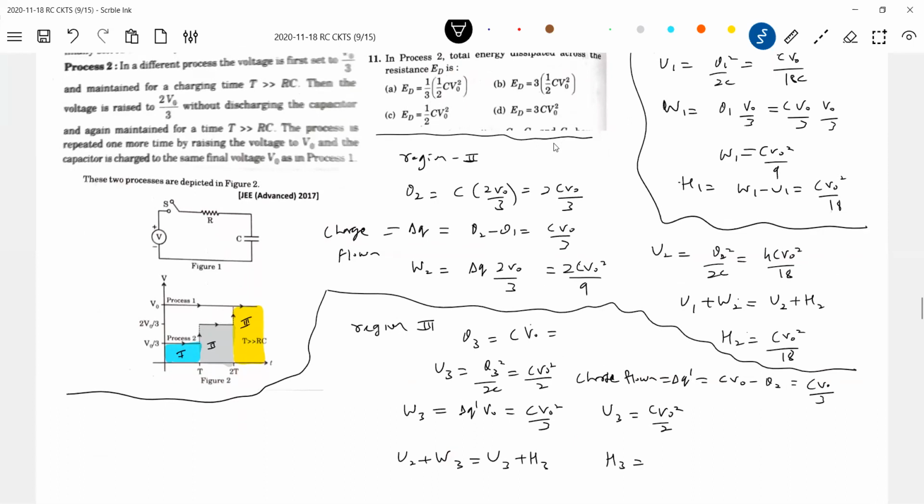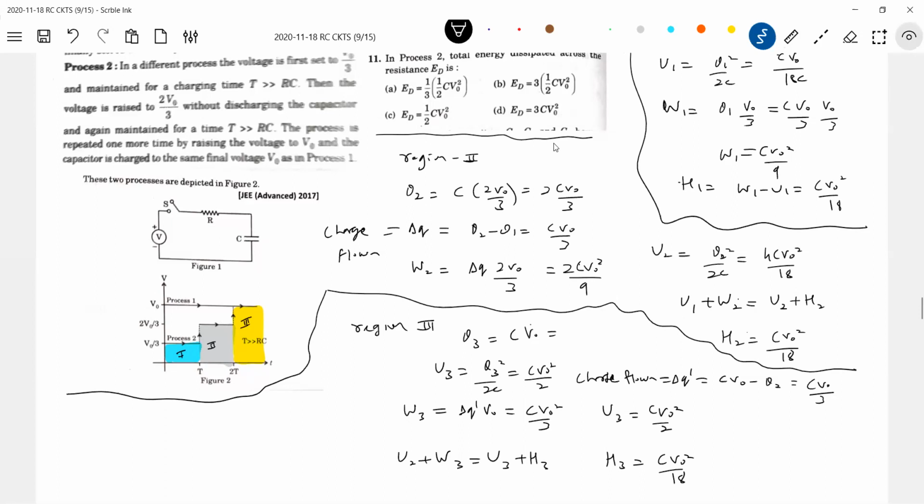Anybody value H3? CV naught square by 18 only. CV naught square by 18. No, total heat generated is asked. The total energy dissipated across the resistance CD in process 2.